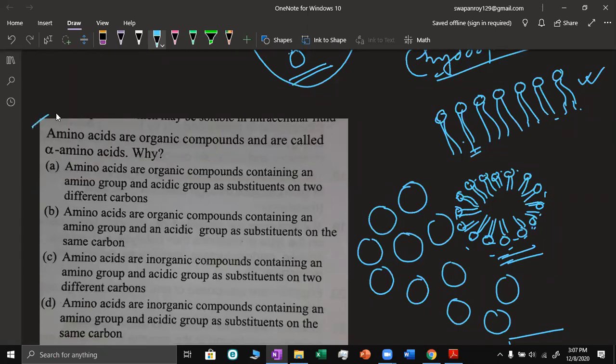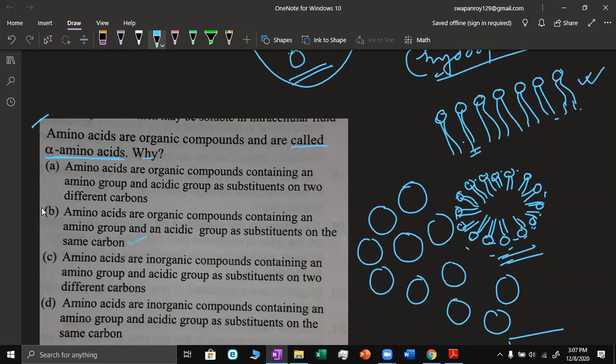The question: amino acids are organic compounds and are called alpha amino acids. Why? Option B: amino acids are organic compounds containing an amino group and an acidic group as substituents on the same carbon.